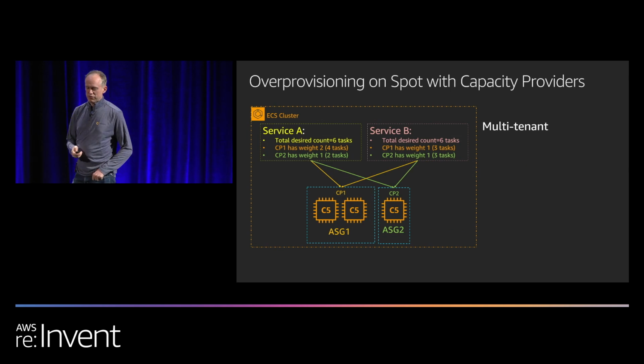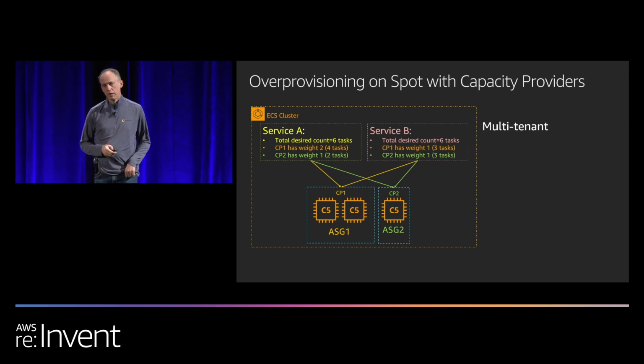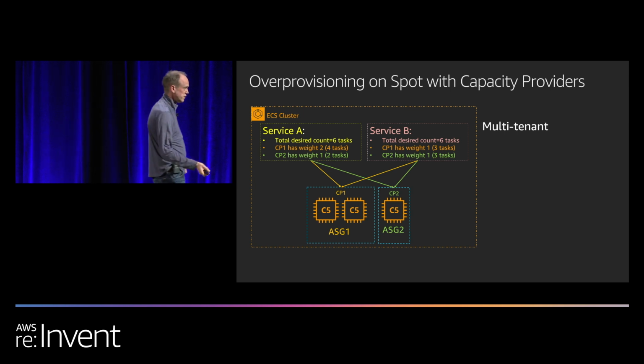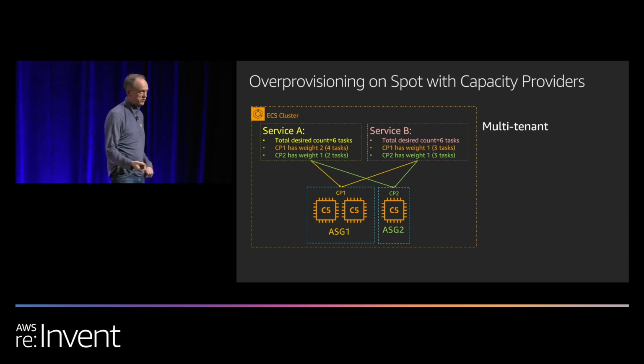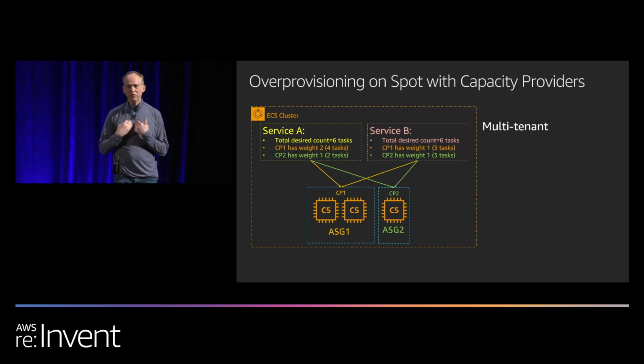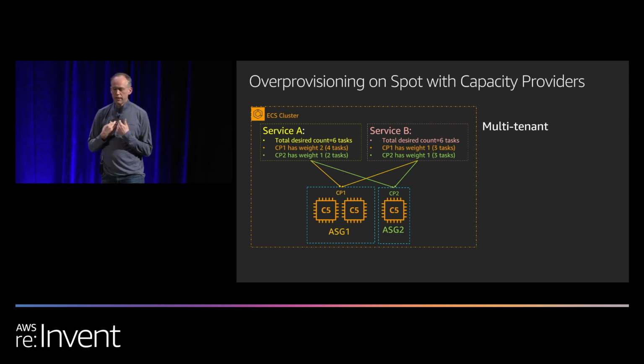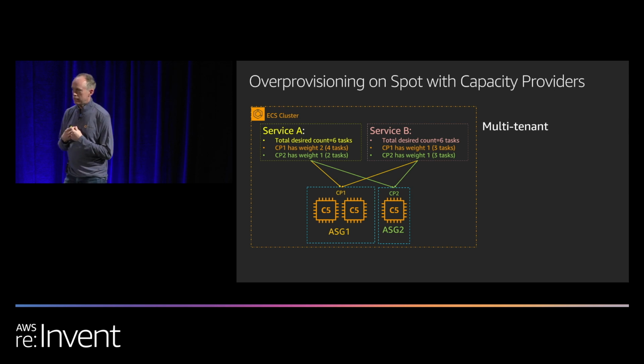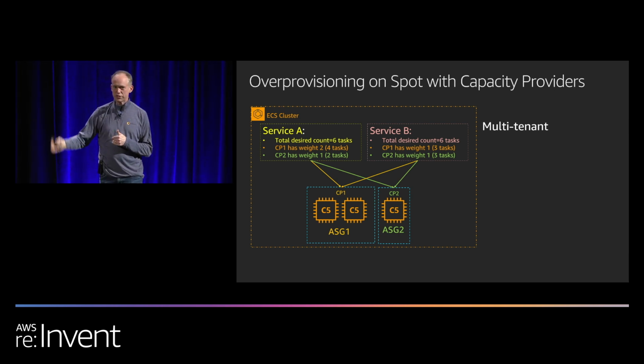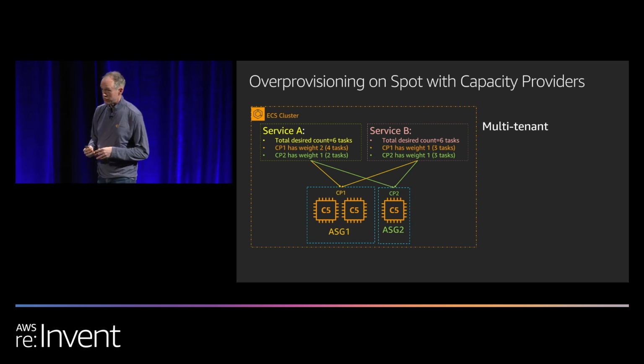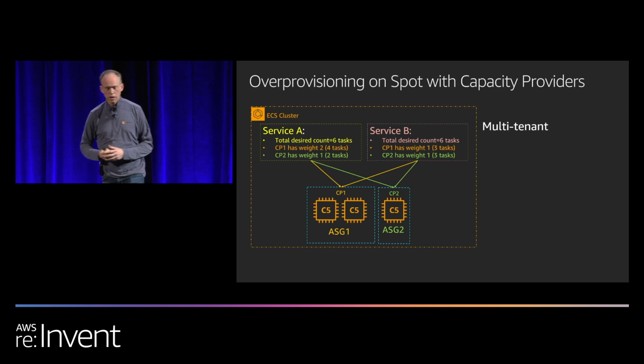Not only that, but this is multi-tenant. So I can have multiple services using the same capacity providers, and those services can have different weights. So as a business, I may have decided that service A needs to over-provision by 50%, so that's why I have a 2-to-1 weights. And service B needs to over-provision by 100%, so I have 1-to-1 weights.